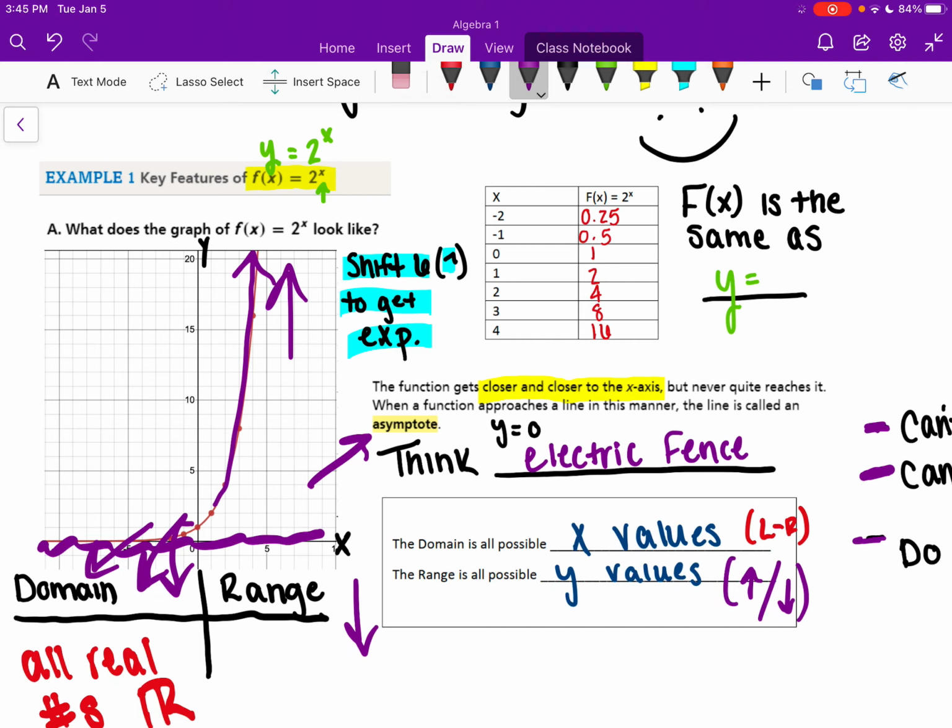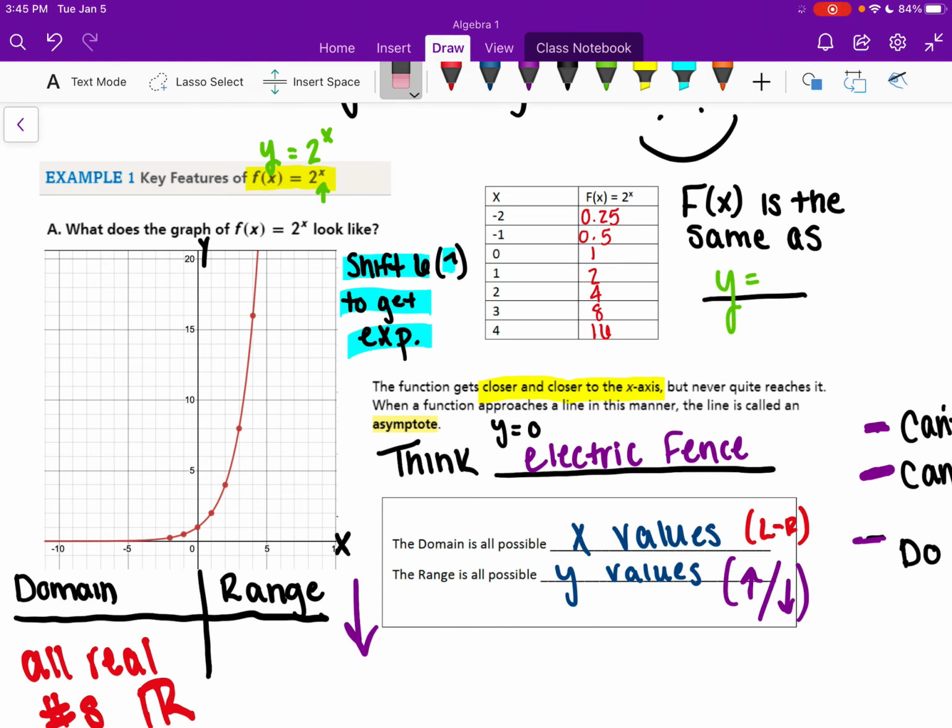So the range, when we talk about how it can move up and down, is different than the domain because it is limited. It can only go up. It can't go down. On this graph, when you play around in your Desmos and you zoom in, you can see we don't cross this line. We don't cross this x-axis.